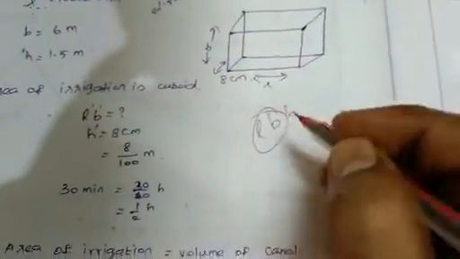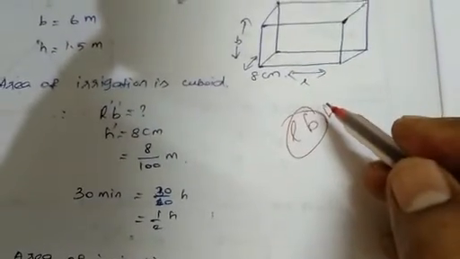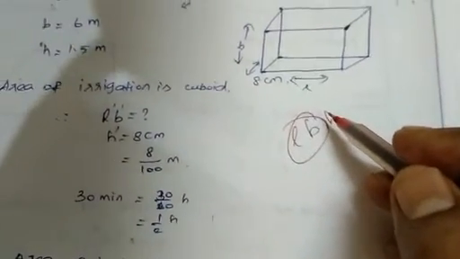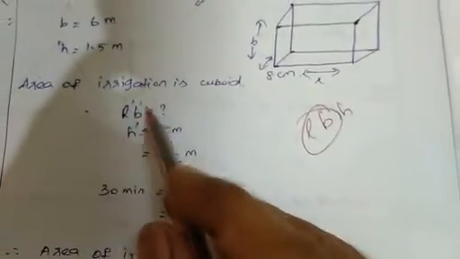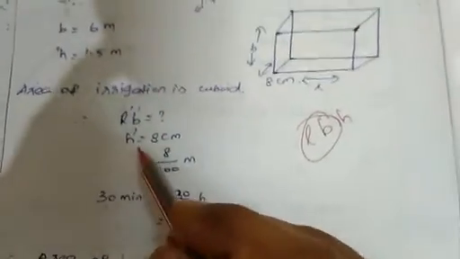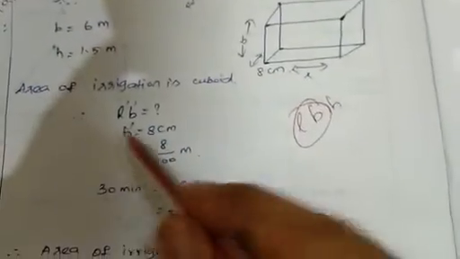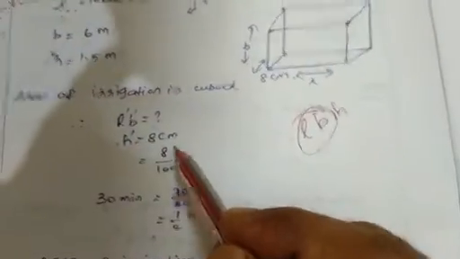So here LBH, in that LB is area, or BH is area, or HL is area. Area means 2 dimensions, volume means 3 dimensions. So here LBH, H is the standing water height given, so we need to mark the difference, that's why H dash. H dash equals 8 centimeter.